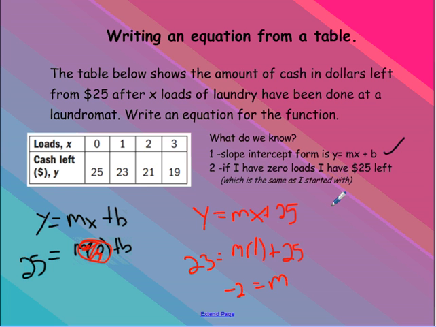So let me just test this and see if this is correct. So what if I say y equals negative 2 times x plus 25? Okay, so let me just go straight to the 3 because I got to test these. So if I put a 3 in here now, I get negative 2 times 3 is negative 6 plus 25 does in fact equal 19.